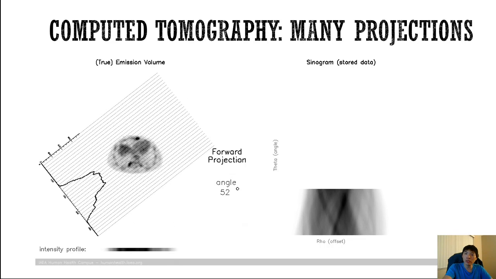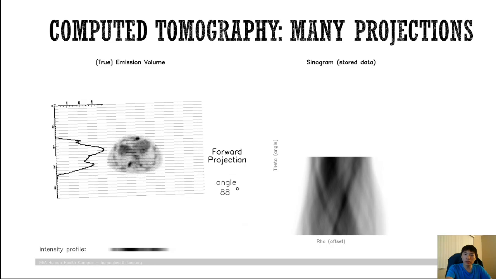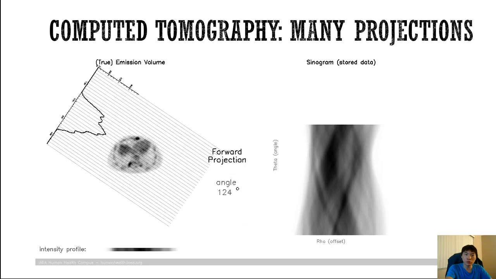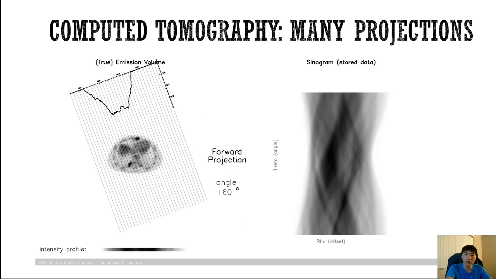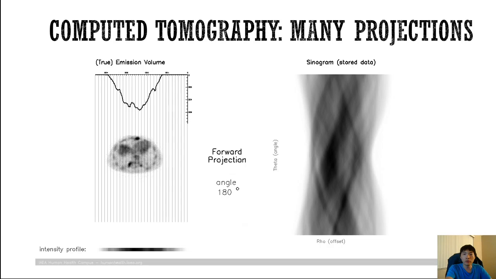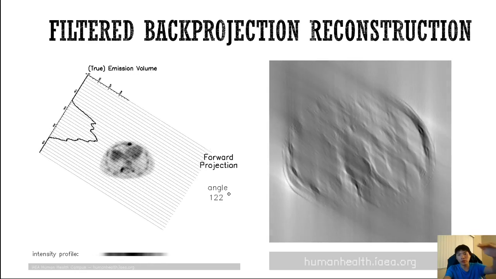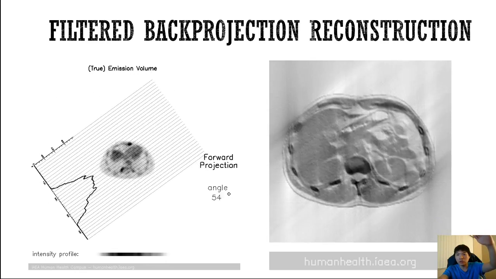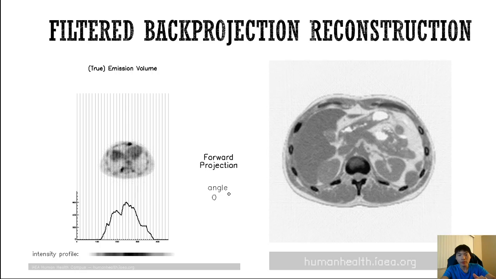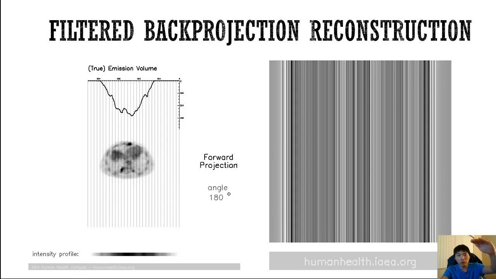So how do we generate an image from this? It's actually quite clever. What we do with these projections is a technique called back projection, where we smear the projection back onto the image. So how it works is kind of like this. You take the first projection, for example the one from the top down, and then you smear it across the image. And then you repeat the process for every different projection along the corresponding angles.